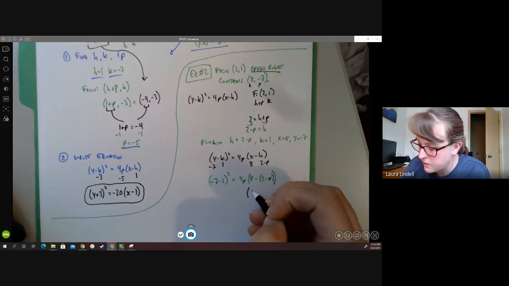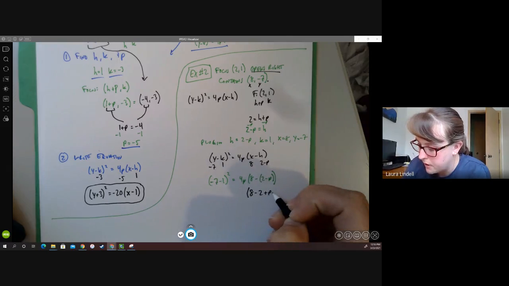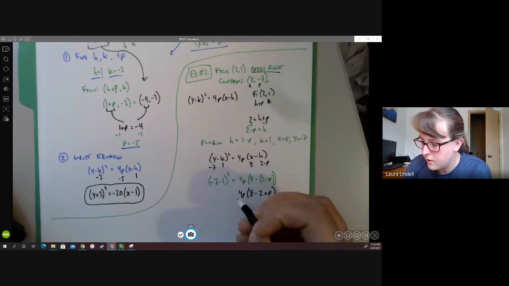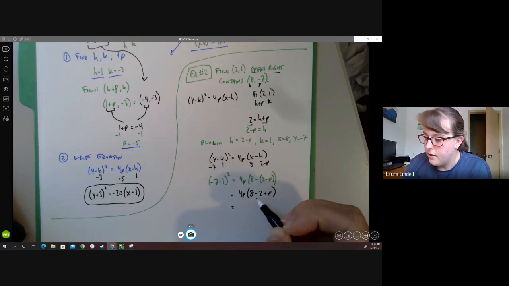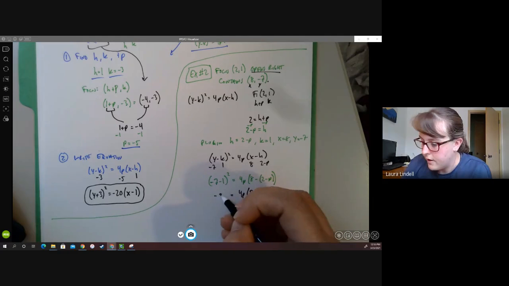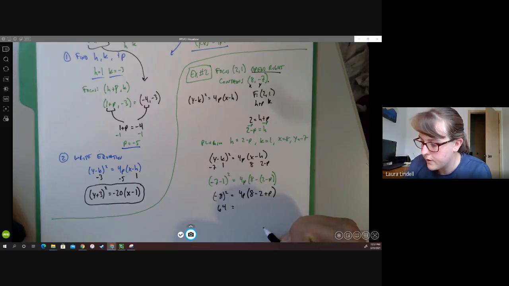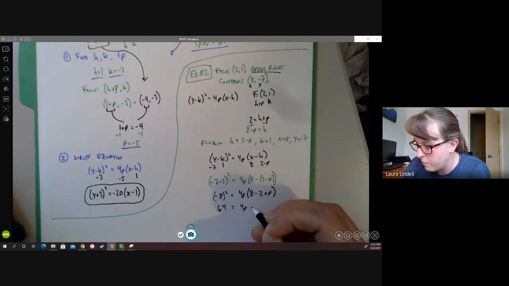So this becomes 8 minus 2 plus p. And this becomes negative 8 squared, which is 64. 8 minus 2 is 6. So we have 4p times 6 plus p.